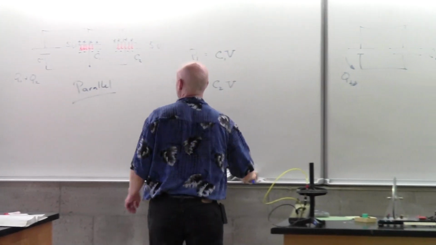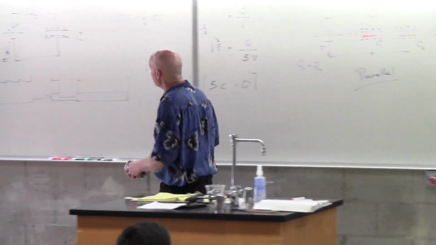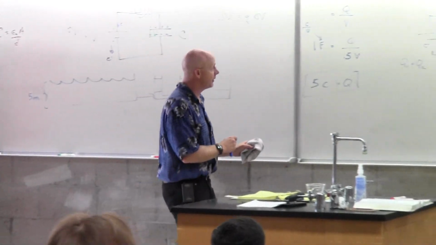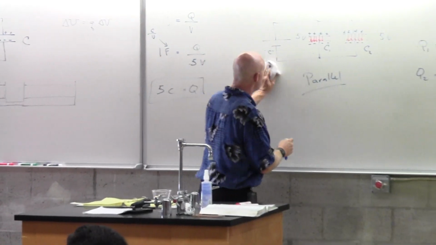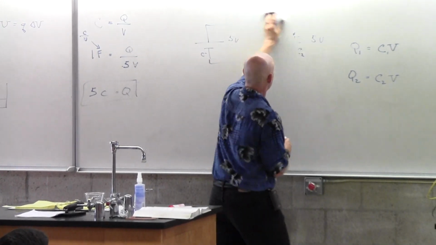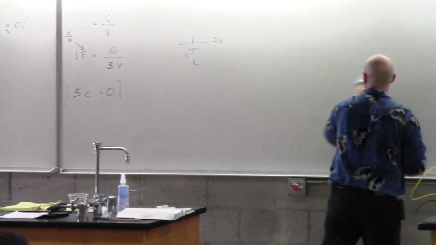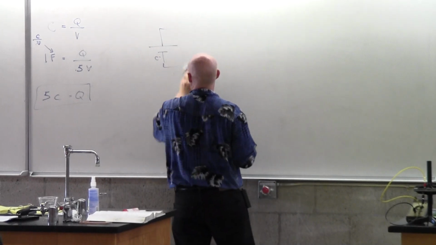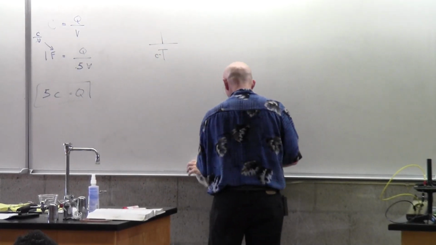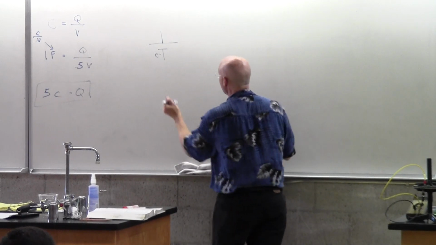Let's change this a little bit. I guess I'll keep this pattern over here, but let me change my picture a little bit. Actually, a lot. Give myself a little more room for my battery.